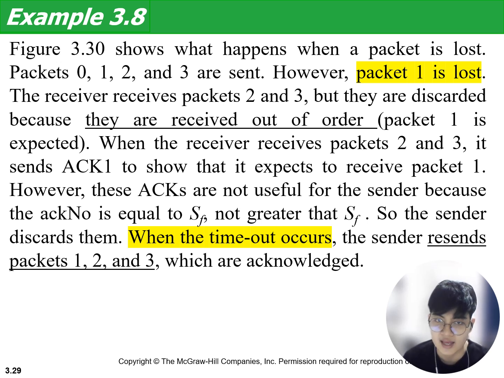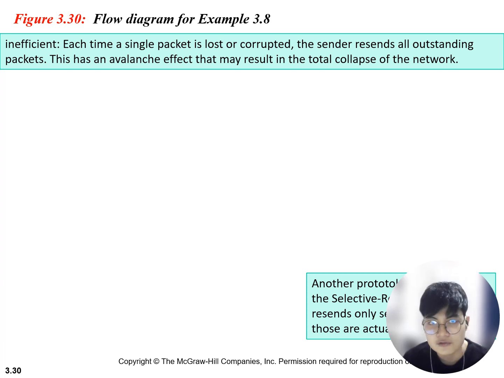However, these ACKs are not useful for the sender because the ackNo is equal to Sf, not greater than Sf. So the sender discards them. When the timeout occurs, the sender resends packets 1, 2, and 3, which are acknowledged. Show diagram for example 3.8.